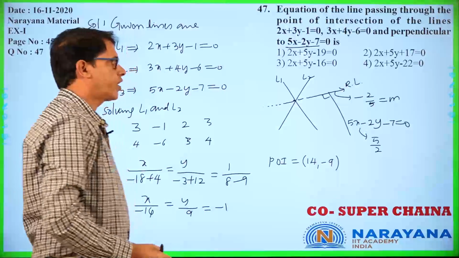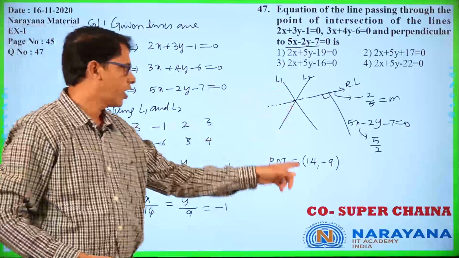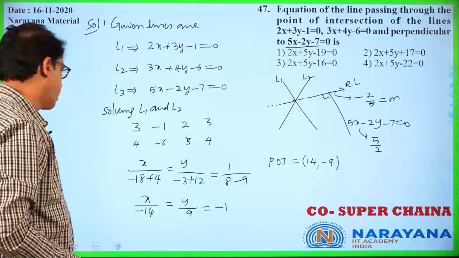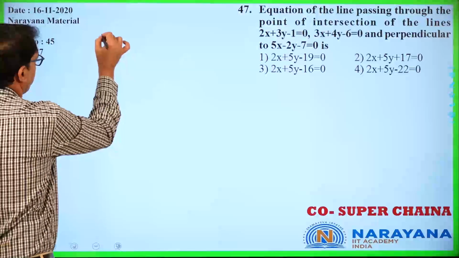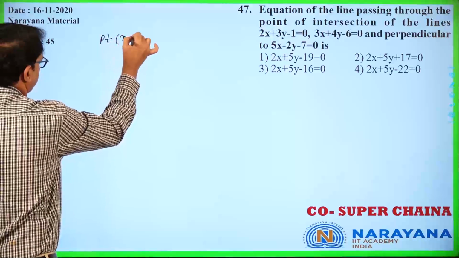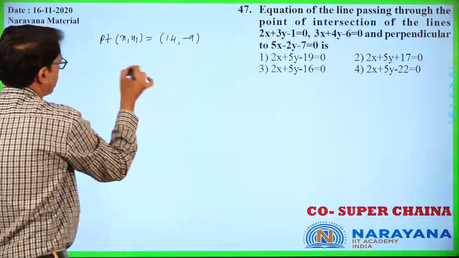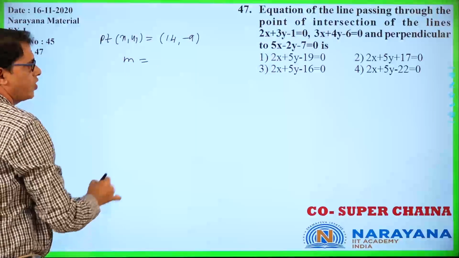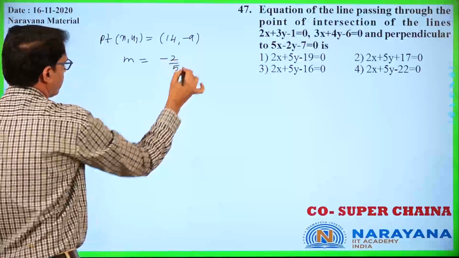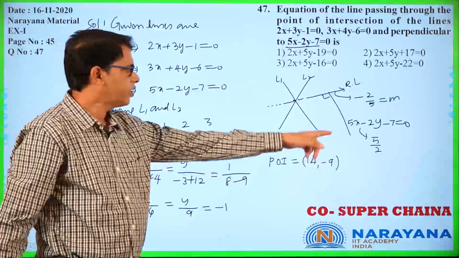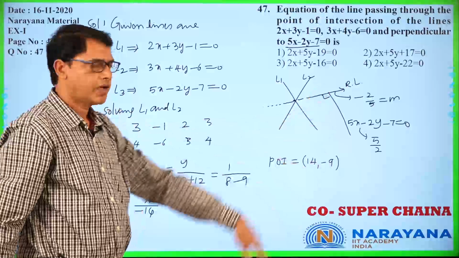If you know the slope and point, we can find the equation. Therefore, the point x1, y1 is 14 comma minus 9, and the slope m is minus 2 by 5.